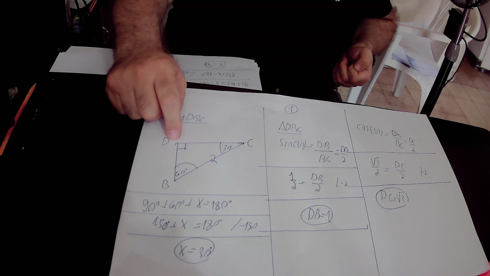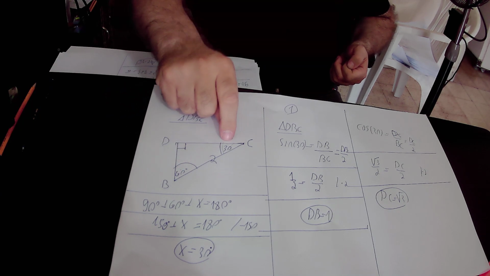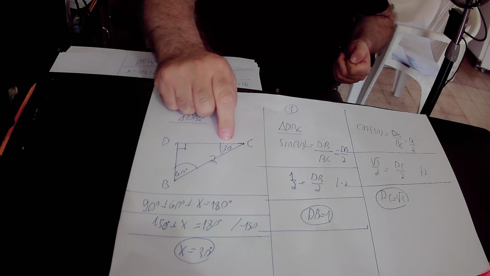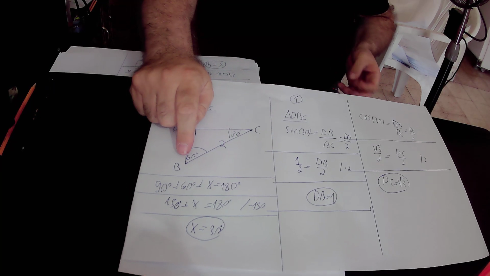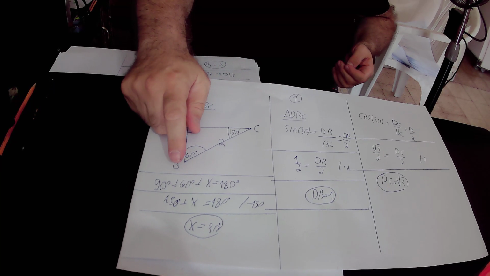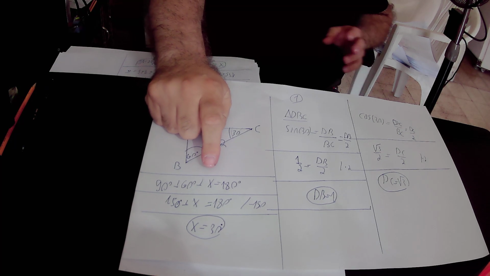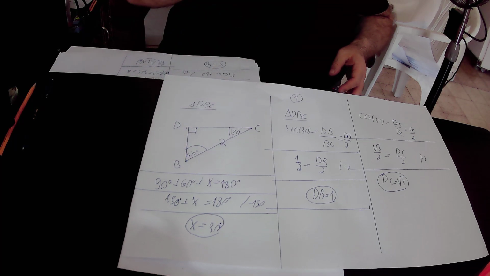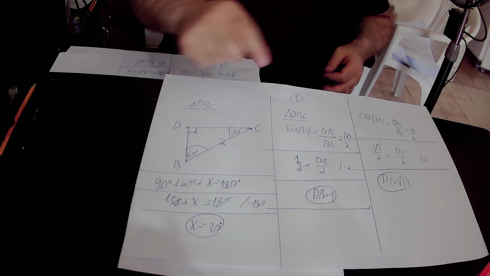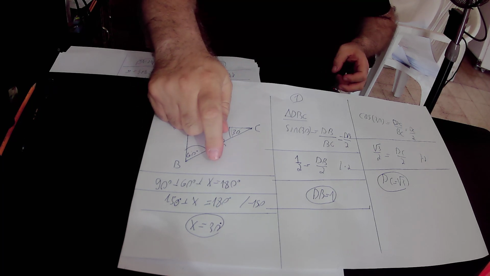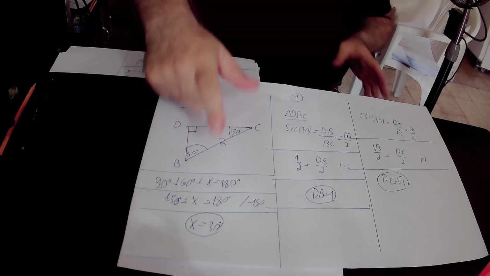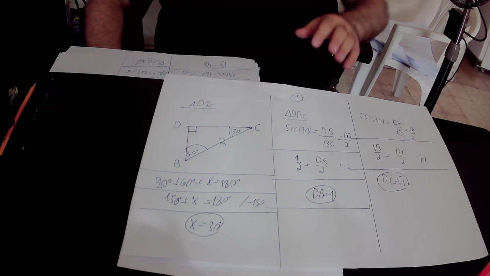So 90 degrees plus 60 degrees plus x must equal 180 degrees. 90 plus 60 is 150 degrees, so 150 degrees plus x must equal 180 degrees. Here we subtracted 150 degrees from 180 degrees and we found out that x is 30 degrees. Okay?